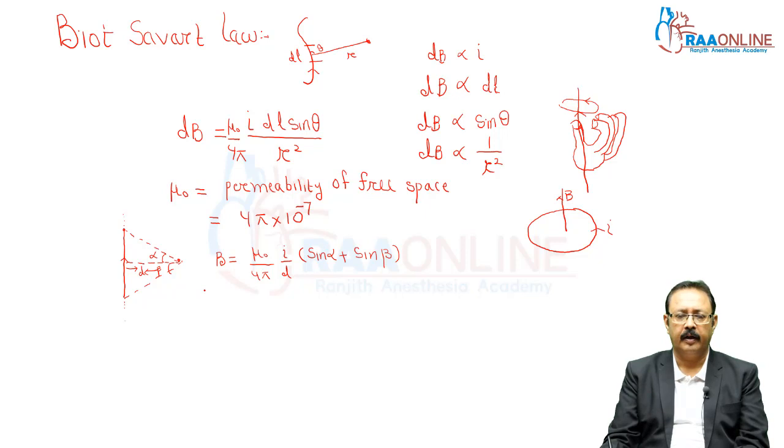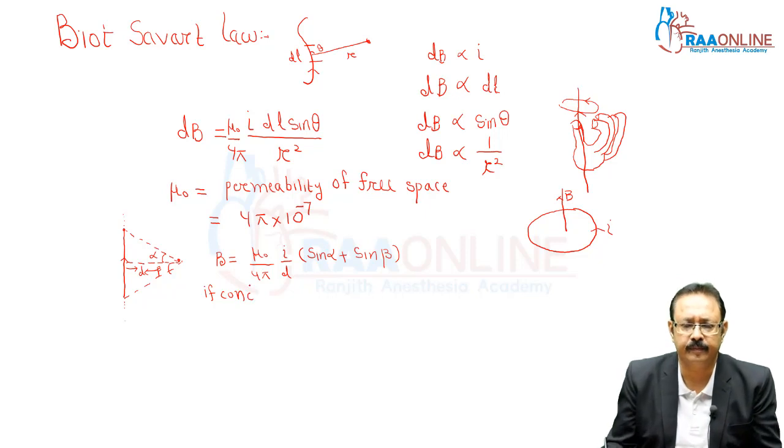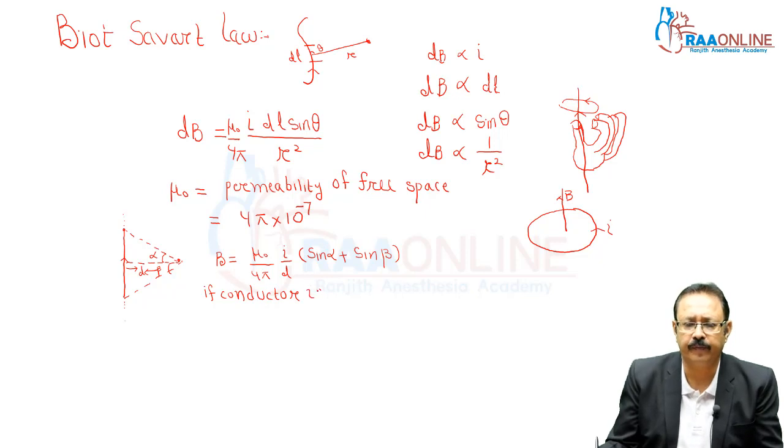If this straight conductor is of infinite length, this magnetic field will become, sin alpha and beta will become 90 degree, alpha will be 90 degree and beta will be 90 degree.